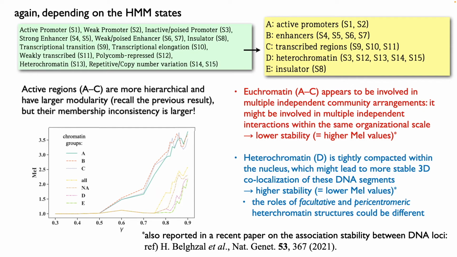In contrast, inactive regions are actually tightly compacted within the nucleus, which might lead to some stable 3D co-localization of this DNA segment with higher stability. And in fact, we recently found a paper supporting this argument, and of course, we would need a more fundamental biological basis for our interpretation here as well. And we are currently working on finalizing the analysis and the writing of the manuscript. So yeah, stay tuned.